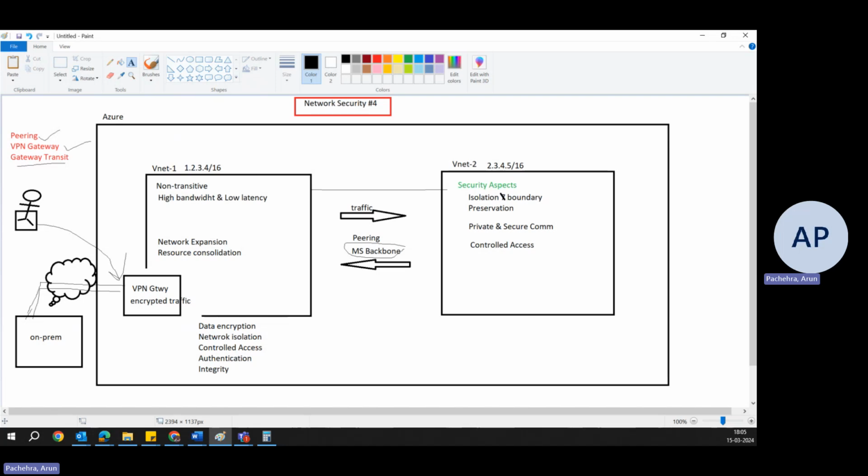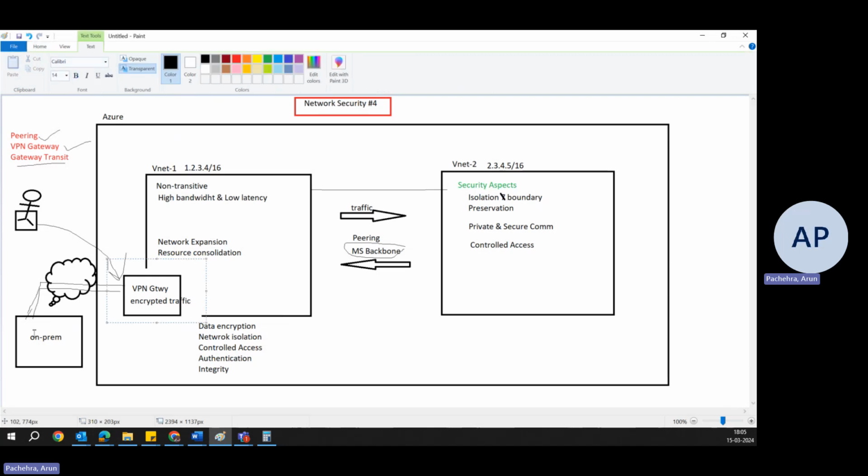Gateway transit allows VNets that are connected through virtual network peering to share a common gateway. Now this and this are peered and this is the gateway, and this gateway is used to connect on-premises. What we are trying to do is use this gateway so that traffic coming from on-premises to this network can be forwarded to this VNet, or when this VNet wants to talk to someone, it could use the remote gateway.